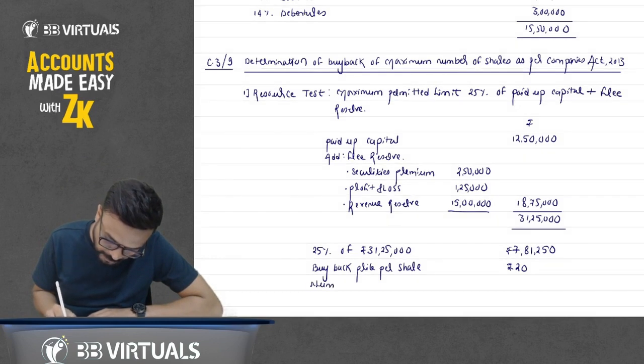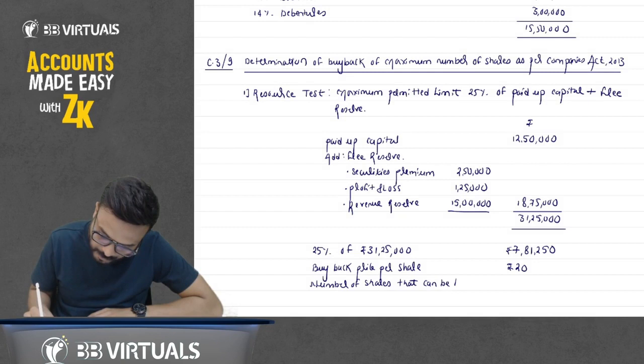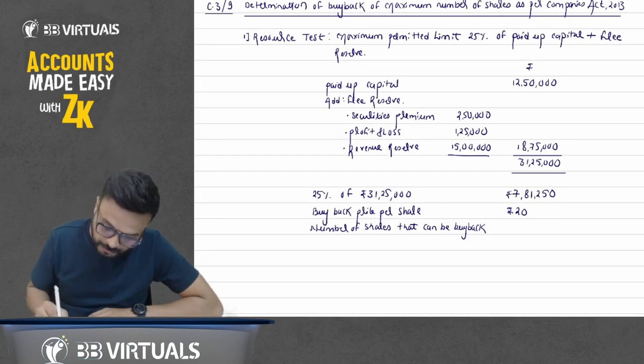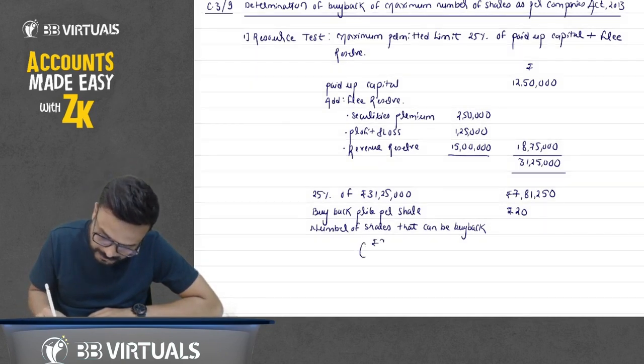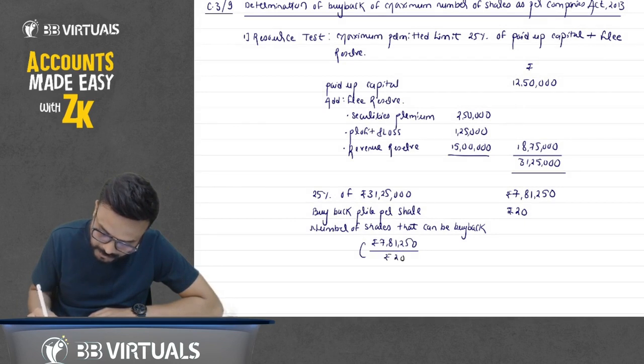Number of shares that can be bought back. The maximum amount is 7,81,250, and for one share we are giving them 20 rupees.